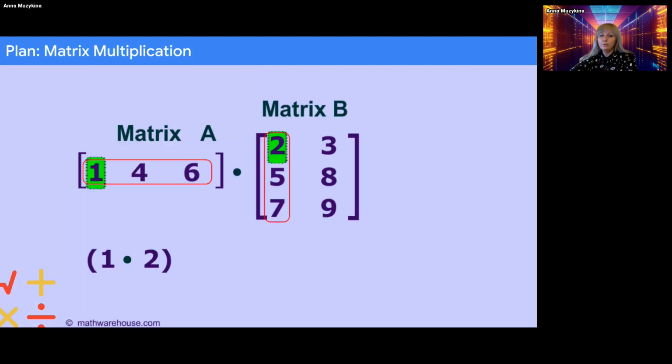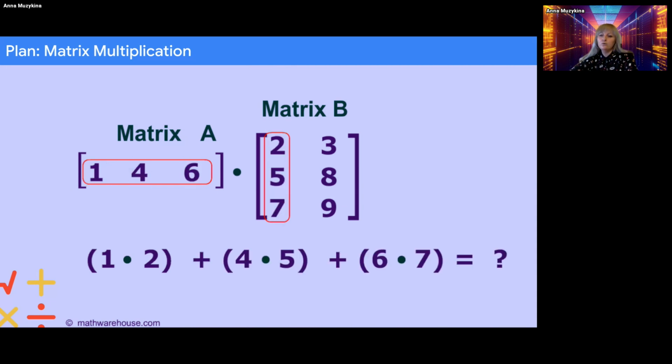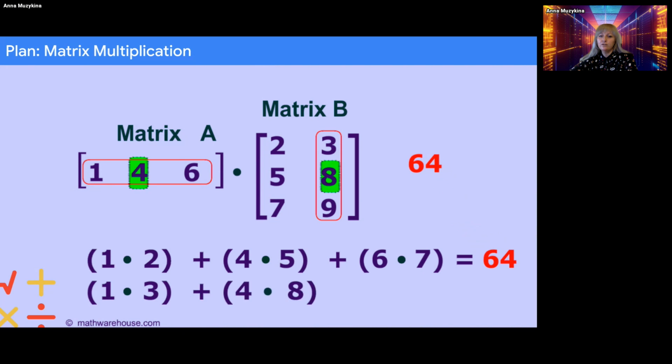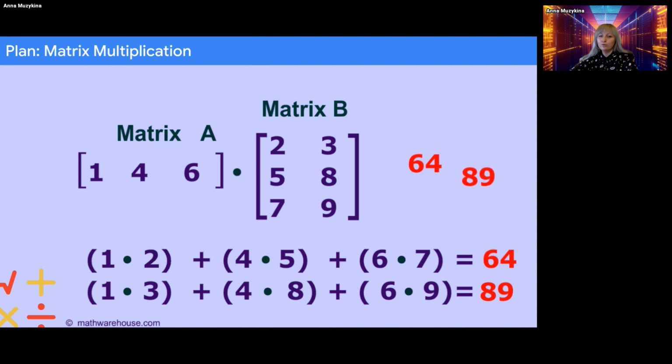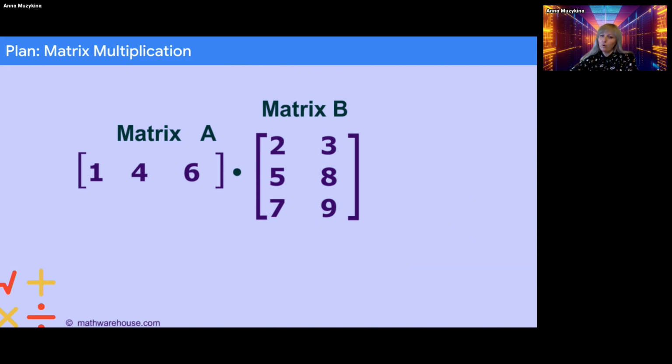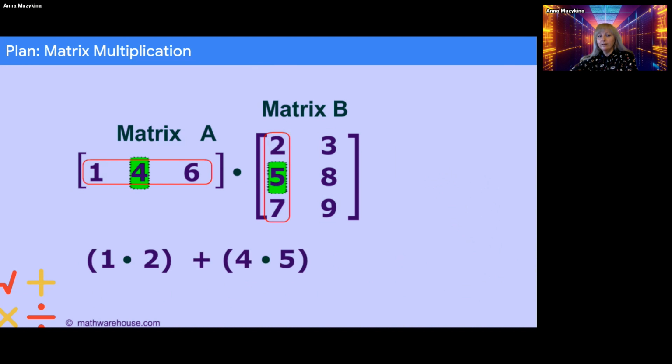To help visualize this process, imagine we want to calculate a specific element in the product matrix. We focus on a row in the first matrix, matrix A, and a column in the second matrix, matrix B. We then mentally slide the row across the column, multiplying the first entry of the row with the first entry of the column, the second entry of the row with the second entry of the column, and so on.